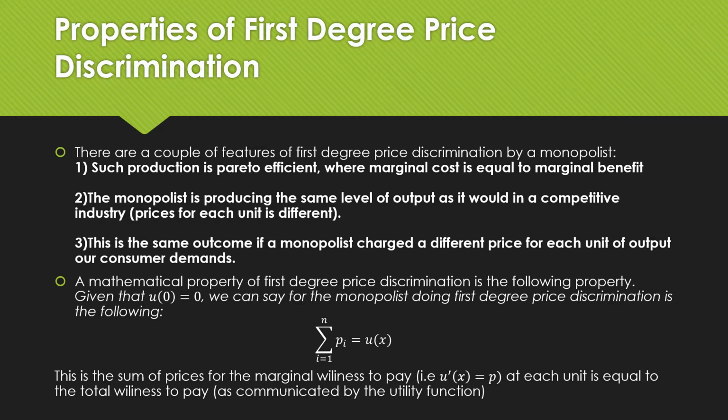A mathematical property of first degree price discrimination is the following. Given that we have this normalization where u of x evaluated at 0 is equal to 0, we can say that for a monopolist doing first degree price discrimination, we have the following situation, which is the summation of all prices of each individual unit is going to be embodied by this utility function.